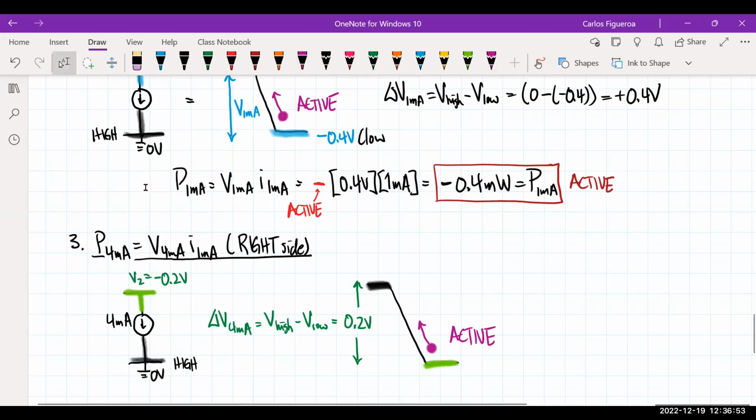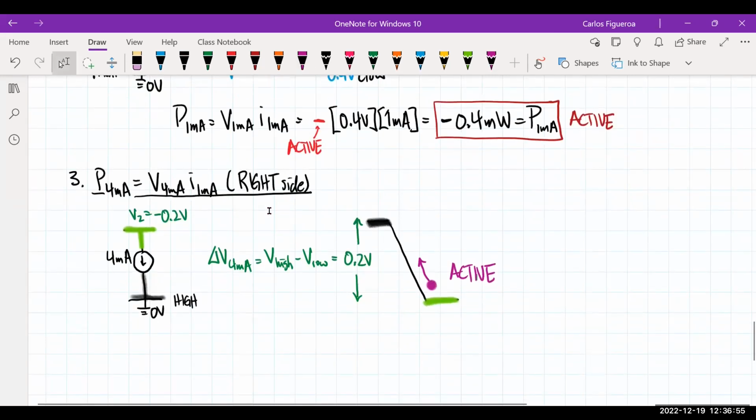So if I take the same type of analysis that we did before, I just have to multiply the voltage, the height here, and the current. So the power of the 4 milliamp is the voltage of the 4 milliamp times the current of the 4 milliamp. We agree that this guy is active.